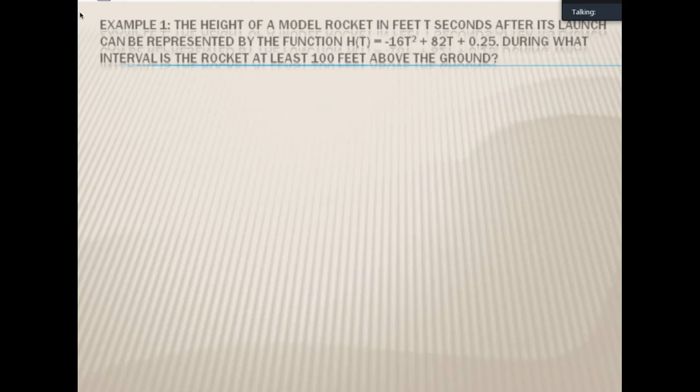So I want to know, when is this function greater than or equal to 100? Because that will give me the times at which my rocket is above 100 feet.